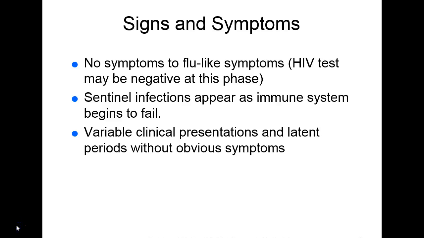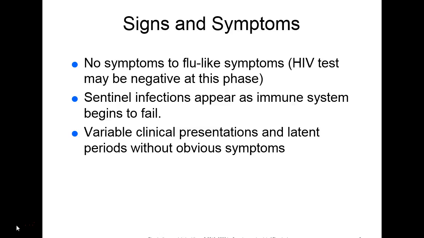Okay, as far as signs and symptoms of patients who have HIV, initially there may be no symptoms or they may have flu-like symptoms at the very beginning. In fact, the HIV test may be negative at this phase because the person hasn't developed any antibodies to the virus.